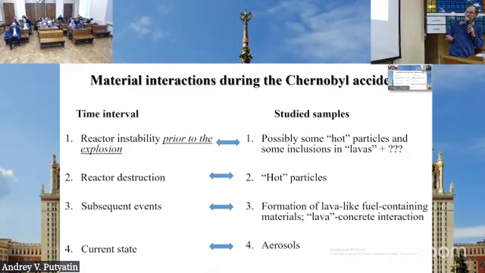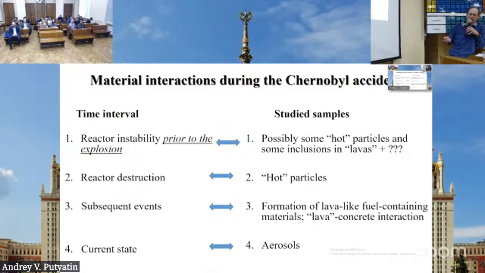But in subsequent events, when the fuel which still rests in the reactor building starts to interact with construction materials, we see formation of so-called lava-like fuel-containing materials, which are sometimes called Chernobyl lava, and this lava starts to interact with concrete.